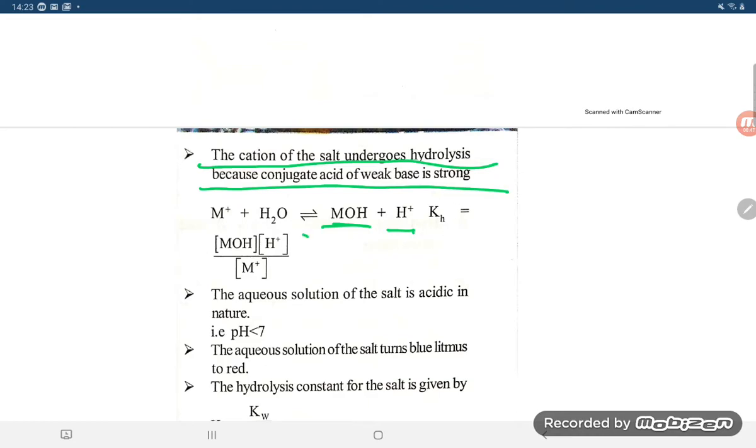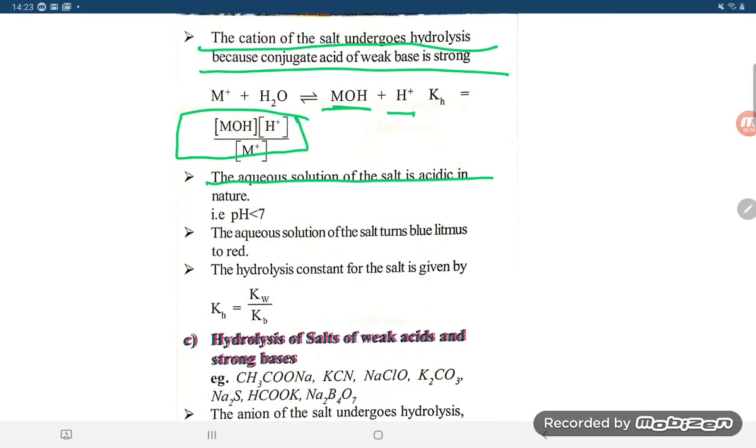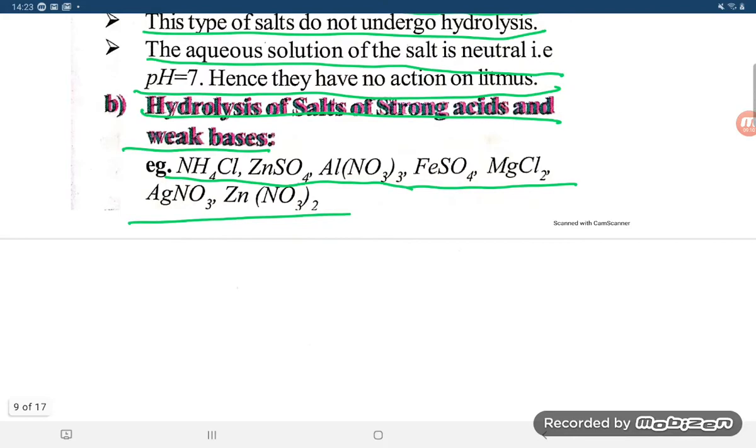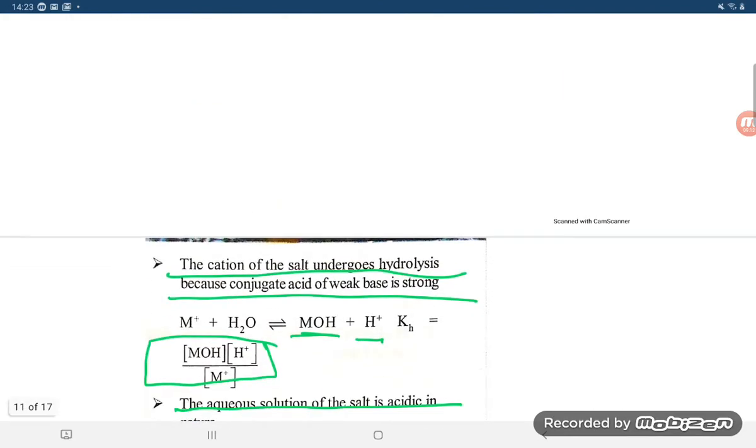So Kh is equal to [MOH][H+] upon [M+]. The aqueous solution of the salt is acidic in nature, so pH is less than 7. The aqueous solution of salt turns blue litmus red. The hydrolysis constant for the salt is given by Kh equal to Kw upon Kb. So this was the salt of the strong acid and weak base.